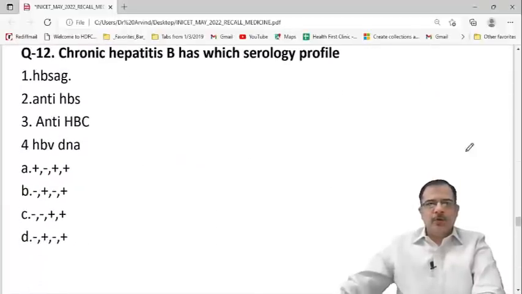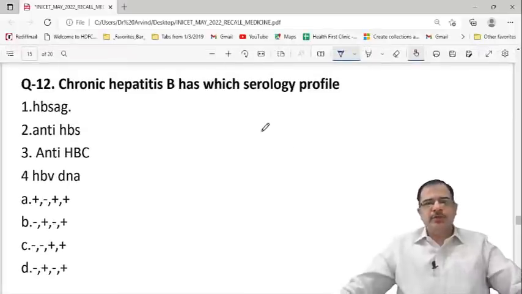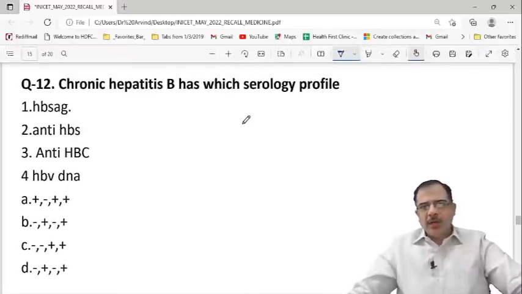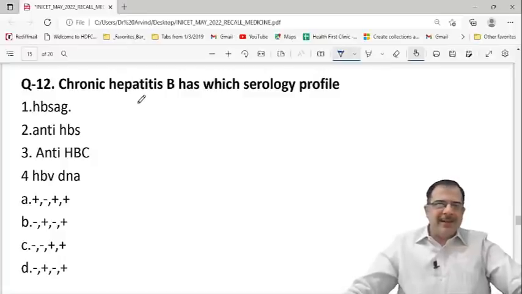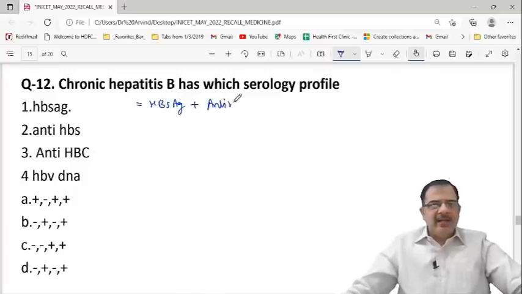Question number 12. Chronic hepatitis B has which serological profile? The mandatory diagnosis of chronic hepatitis B is made on the basis of presence of HBs antigen plus anti-HBc, and that anti-HBc should be of IgG class.